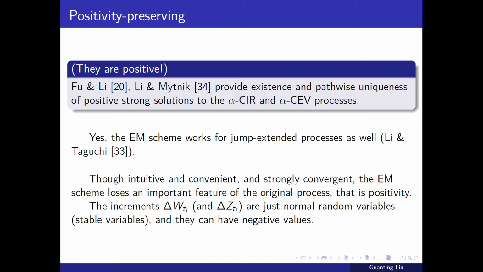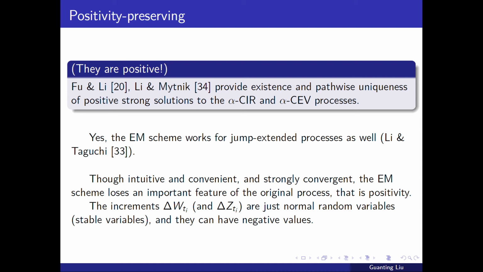For these alpha CIR and alpha CEV processes, about existence and uniqueness, we have two papers from the same team of researchers. They provide existence and pathwise uniqueness of positive strong solutions to the alpha CIR and alpha CEV processes. Good, we're lucky. Available result.